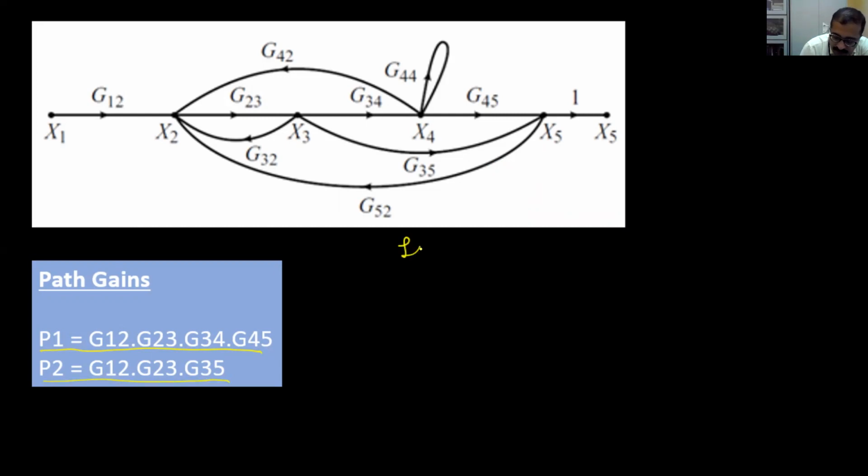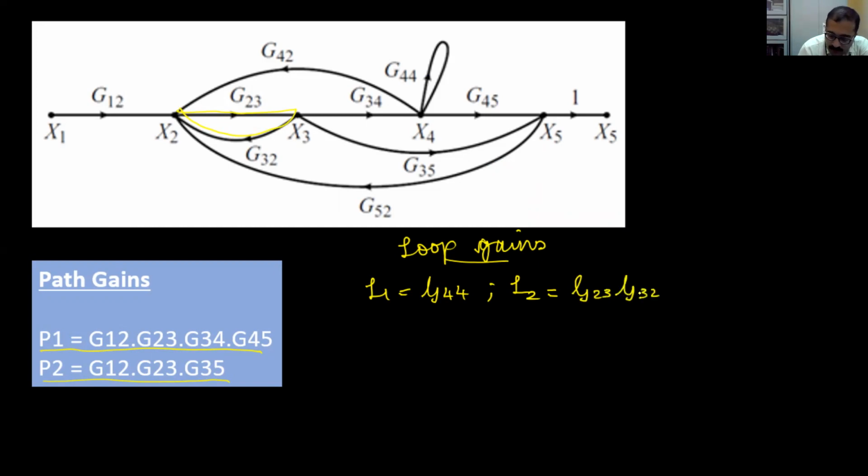Now we have to identify the loop gains. Obviously, G44 is one possible loop gain. Any other possible loop gain? Yes, G23 G32, like this. This is another possible loop. Any other? G34 G45 G35 is not a loop, because here the arrow is coming back. Then any other possible loop gain?